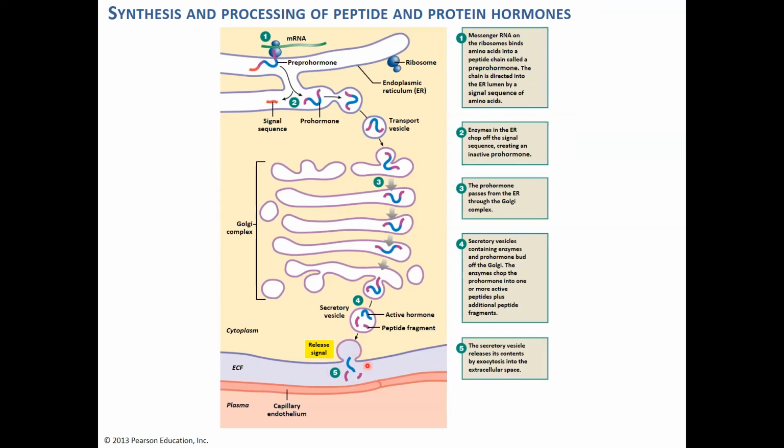It's going to release that hormone into the extracellular fluid, ECF. Those hormones are then taken up by the capillary endothelium into the bloodstream, and then transported to wherever they're going to find their target: specific target tissues which express the receptor for that hormone.